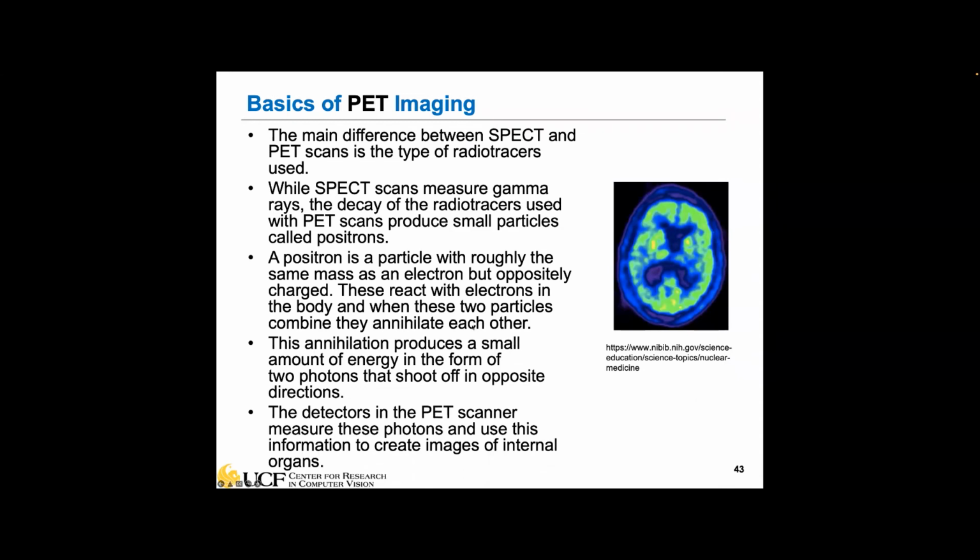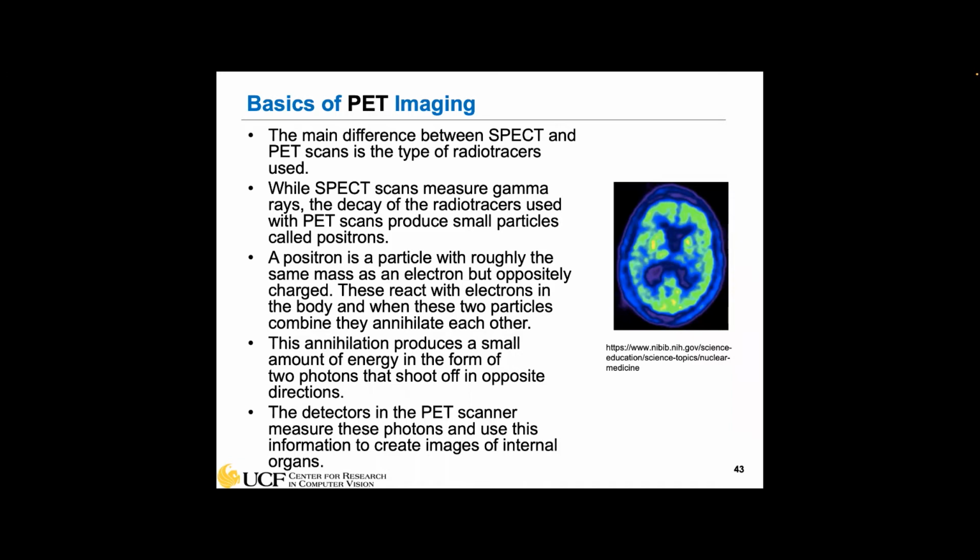PET imaging is similar, but the difference is that different radio tracers are used. The SPECT scan measures gamma rays, and PET uses the decay of the radio tracer, which produces small particles called positrons. A positron is a particle with roughly the same mass as an electron, but with opposite charge.